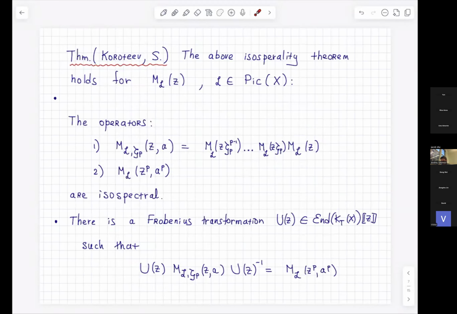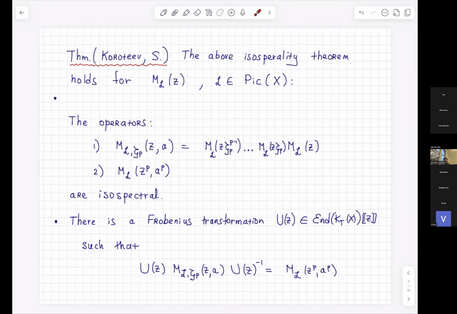And a slightly more general version of the example from which I started claims that the above mentioned isospectrality theorem holds for all quantum multiplication by these tautological line bundles. Namely, if you start with some kind of averaged operator of quantum multiplication by line bundle L, and you also look at the operator in which all variables are raised to the power p, then these two are isospectral.